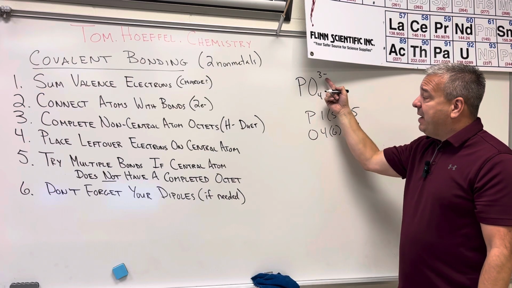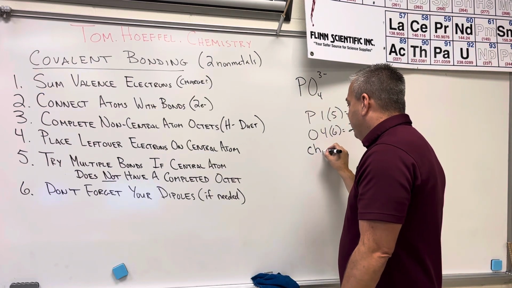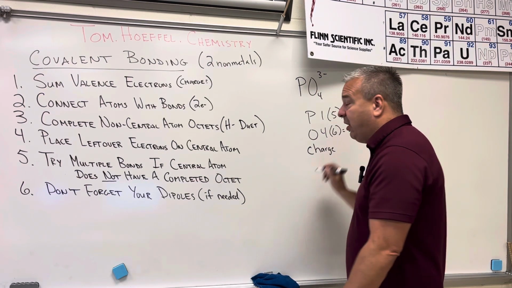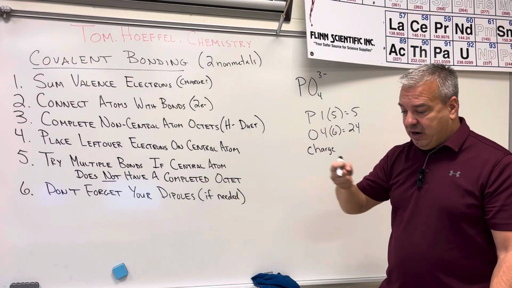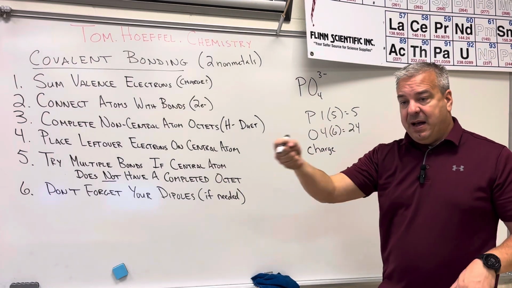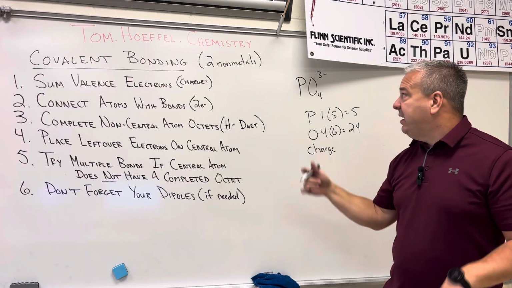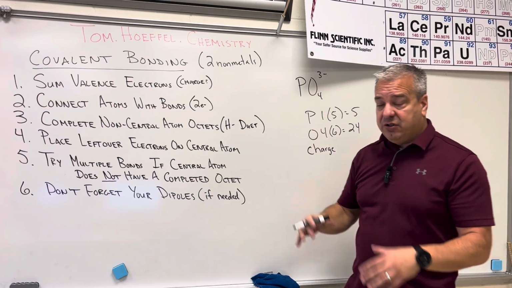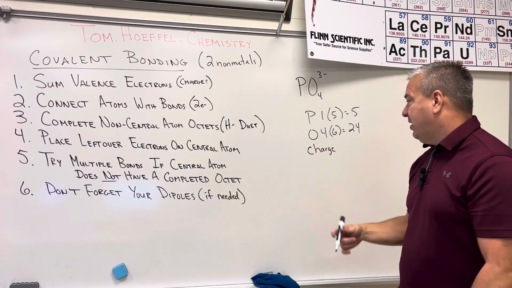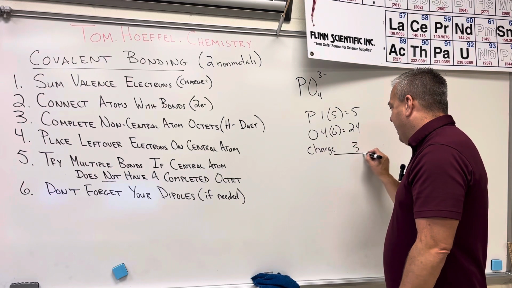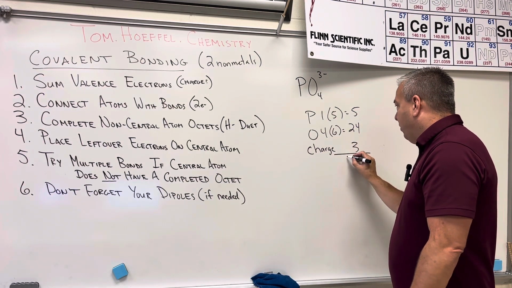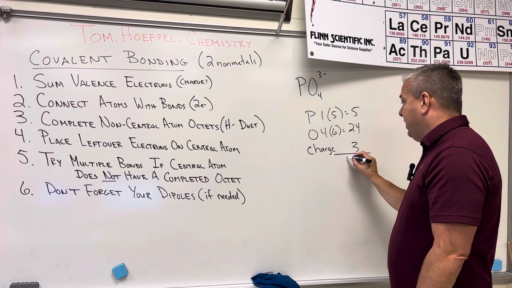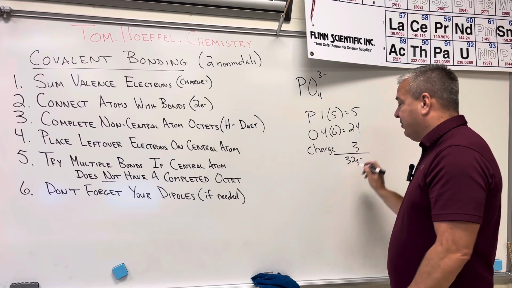And what I'm forgetting about is the charge. Now, if it's a -3 charge, that means electrons have come in to the molecule in order to give it a -3 charge. So we're going to add electrons in, and when we add those electrons in, instead of 29, we get 32 electrons.